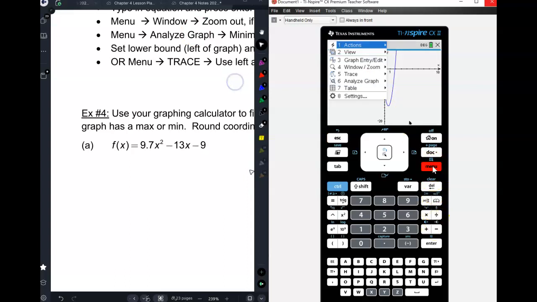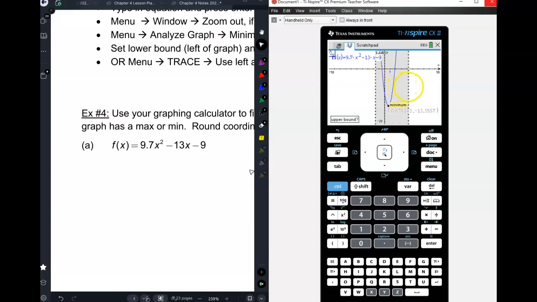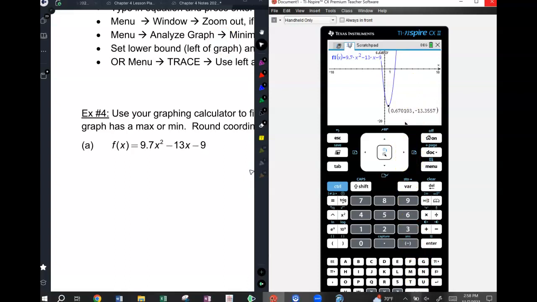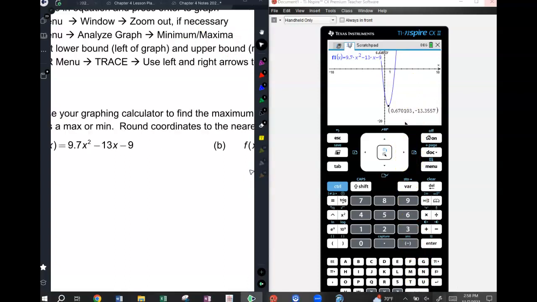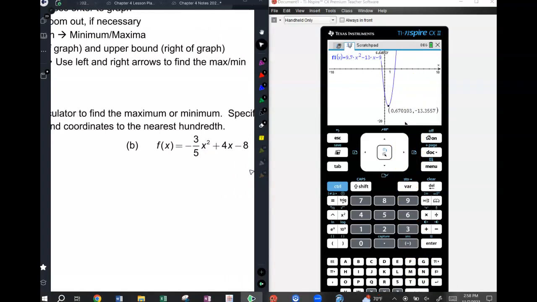So we go to menu, analyze graph. We're going to find what? A minimum. Minimum, right? So again, we get this vertical line. We're going to drag it to some point before, drag it to highlight this, and click, and that's the minimum. How much of that do we write? So what does it say? Round coordinates to the nearest hundredth.